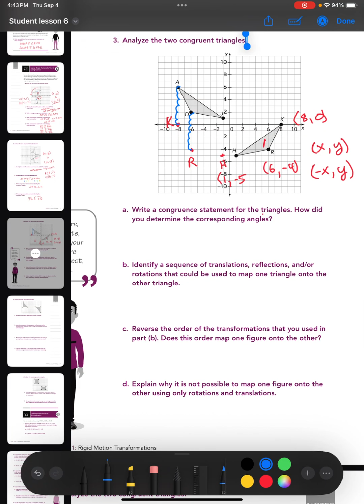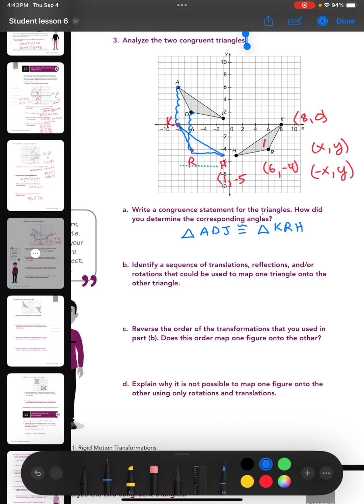If we correspond those triangles now, we could say triangle ADJ is congruent, going in the same order, to KRH, so K to R to H. So there we have those congruent triangles.